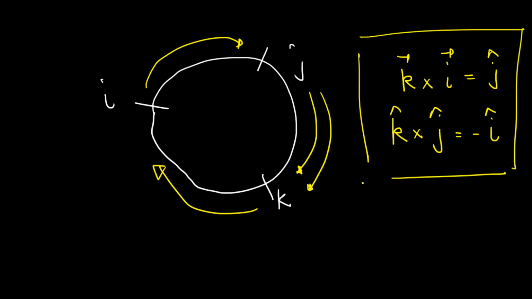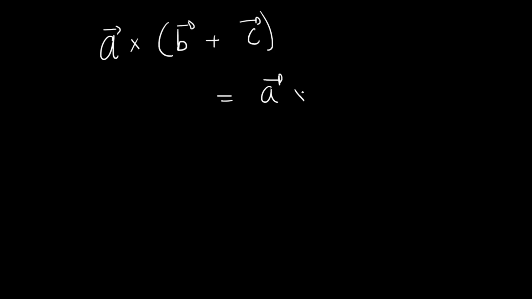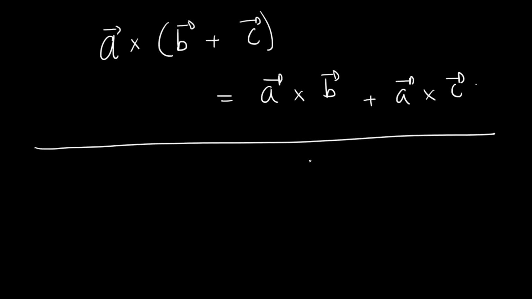And that is all you need to know, because now is the time that these two formulae, that is A cross (B plus C), is going to come into play. So this is equal to A cross B plus A cross C. Now this is all you need now to get your formula for two random vectors.